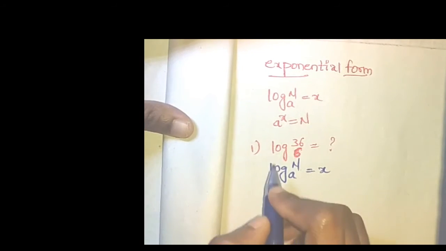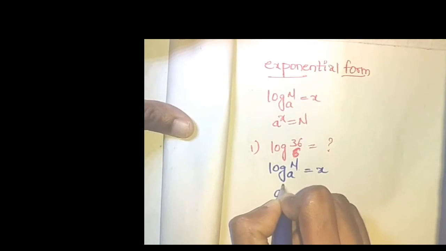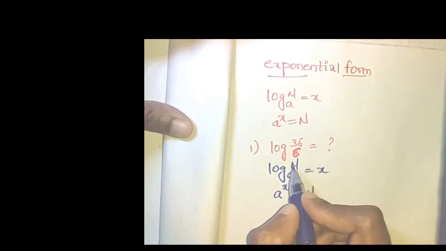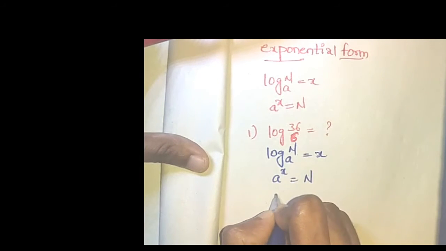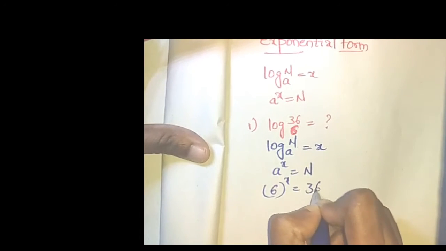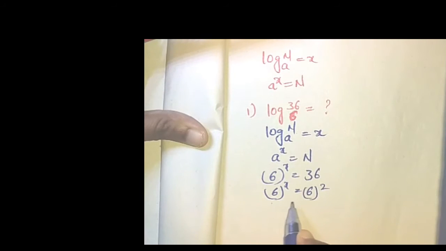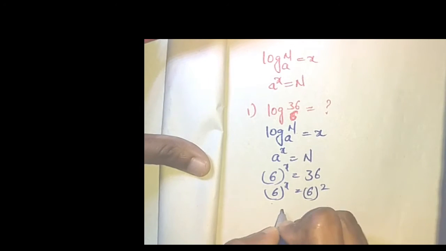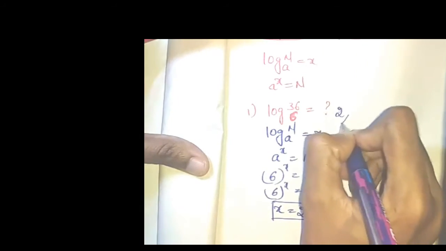Now what we have to do is a power x is equal to n, because this is a logarithmic form and we are going to convert that into exponential. Now 6 power x is equal to, what is the value of n here? 36, right? We can convert this 36 as 6 square. So 6 power x is equal to 6 square. Now here the bases on both sides are equal, then powers should be equal, that is x is equal to 2. Hence your answer is 2.